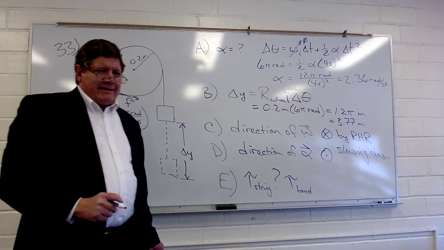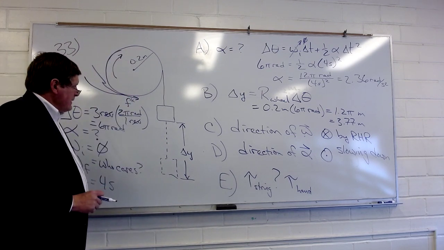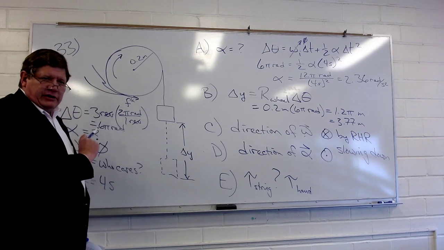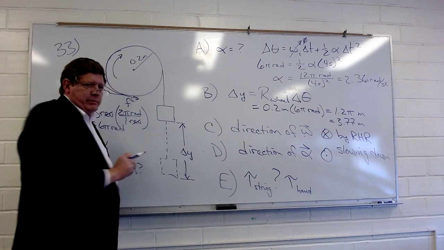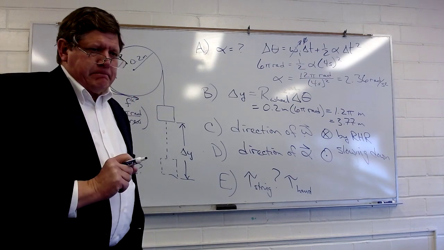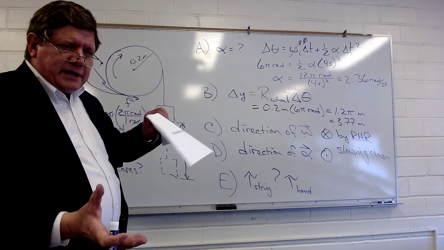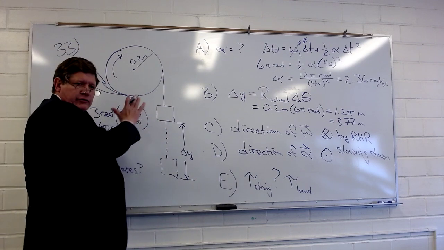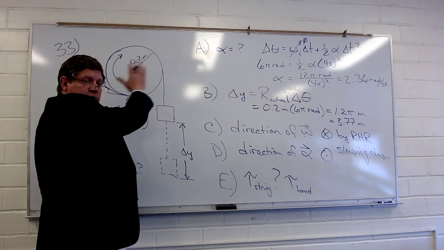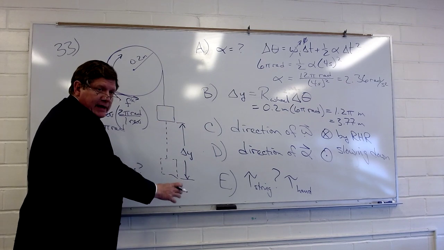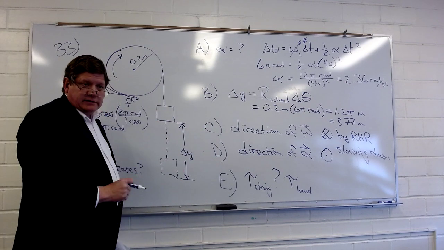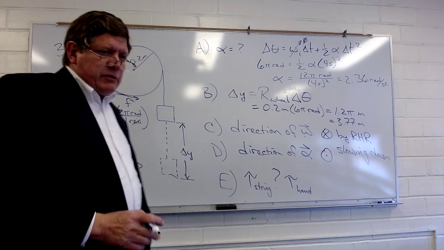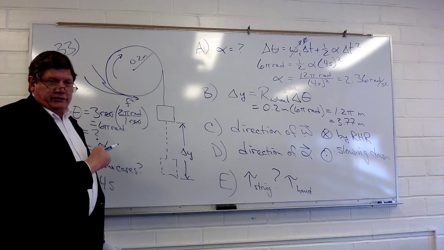So clearly that one's causing it to speed up. If the torque by the hand, the friction, was equal to the torque by the string, one trying to speed it up, one trying to slow it down, then we would have uniform motion. The wheel would be turning at a constant rate. The block would be dropping at a constant rate, constant velocity. Okay, but that's not what's happening. That would be the case if these two torques were equal to each other.